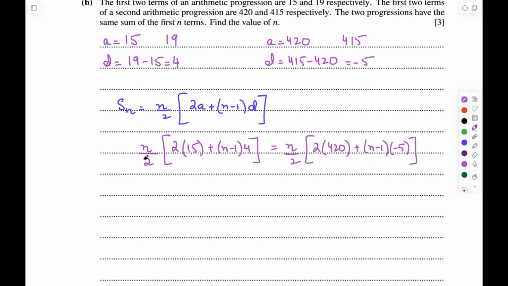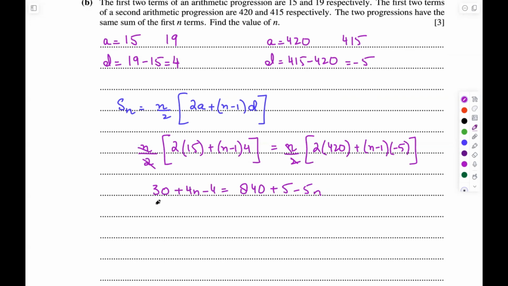So n upon 2 on both sides will cancel out. This will become 30 plus 4n minus 4. 420 into 2 is 840. So minus 5 into minus 1 will become a plus 5, and minus 5 into n will become a minus 5n.